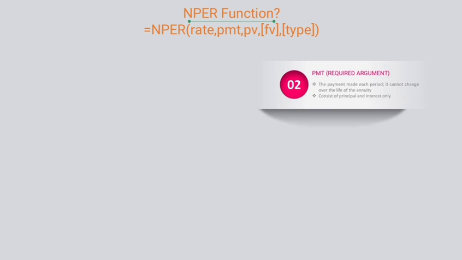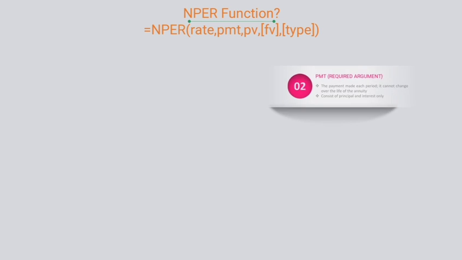The second argument is the PMT, the payment made at each period. This cannot be changed, it should be fixed. It could be 5,000, 10,000, 1,000 throughout the investment horizon.